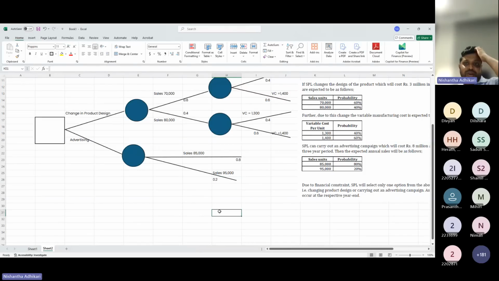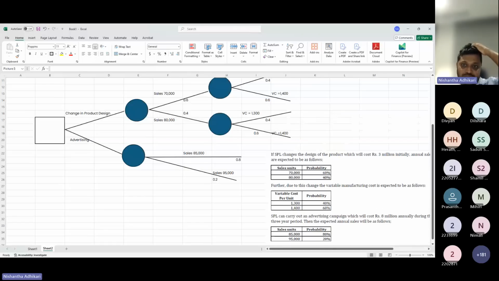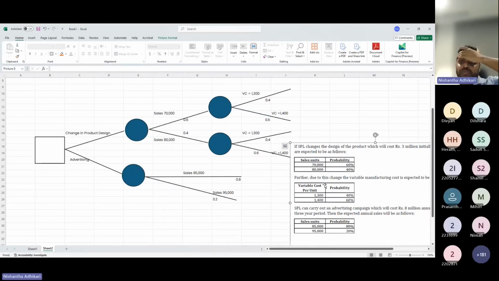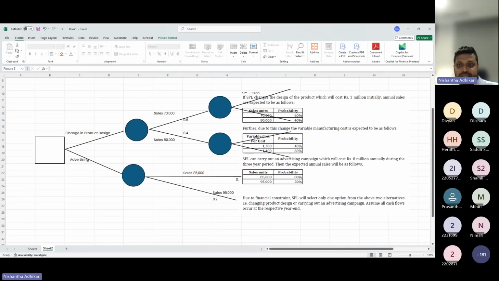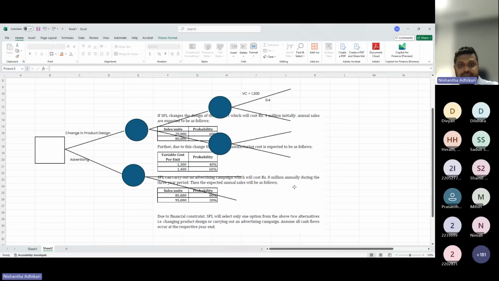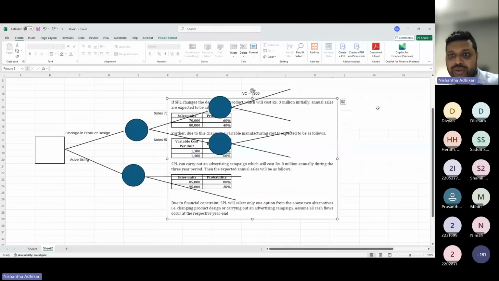Right. Now we have constructed the decision tree. Remember, this is for two options, and we have to incur 8 million annually during the 3-year period for the advertising campaign. Right. Now we need to work it out.